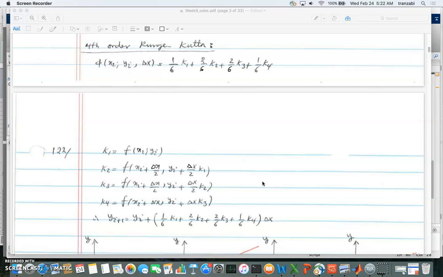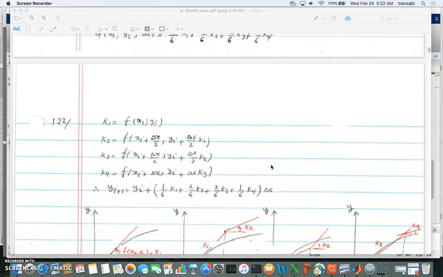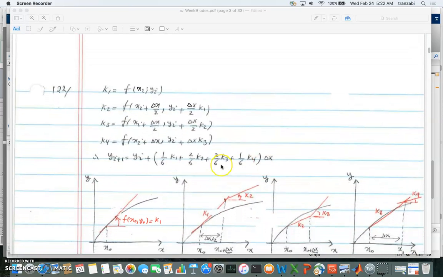So we're going to pick up the discussion we had in the last lecture, which was on the fourth order RK method. We talked about the k values, and we basically said these k values are nothing but the slope of the curve at different x values.